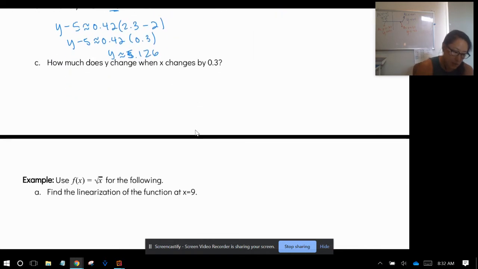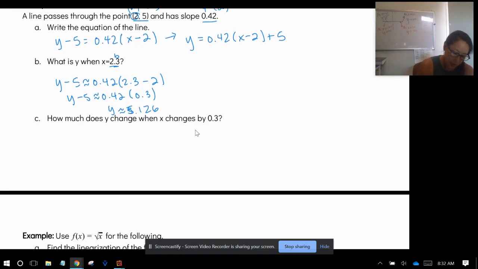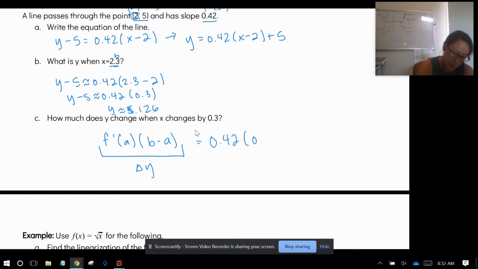So how much does y change when x changes by 0.3? We know that the change in y is f prime of A times B minus A. So that would be equal to 0.42 times 0.3, which is about 0.126.